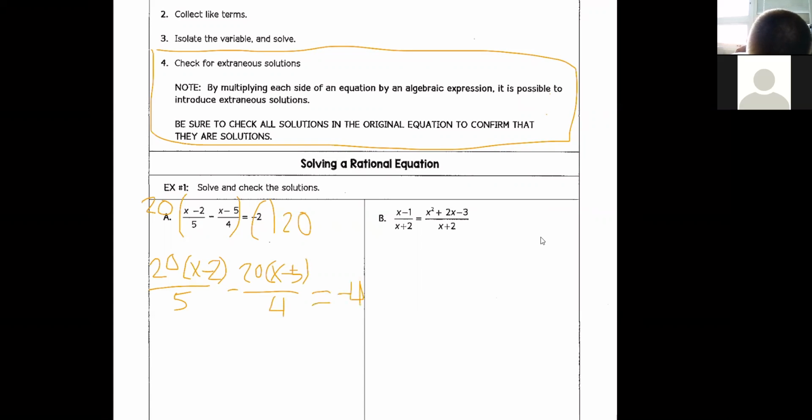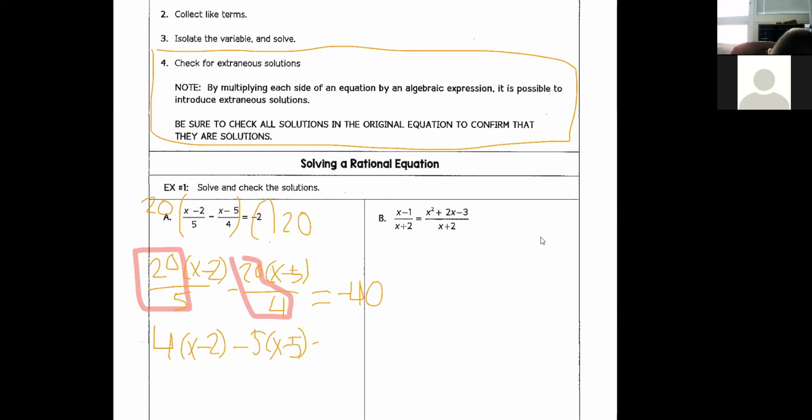Obviously the right side is just going to be negative 40, but you could simplify this. 20 over 5 is just going to be 4, so you'd have 4 times x minus 2, minus, and then 20 divided by 4 would be 5 times x minus 5. And then we could just solve this equation.